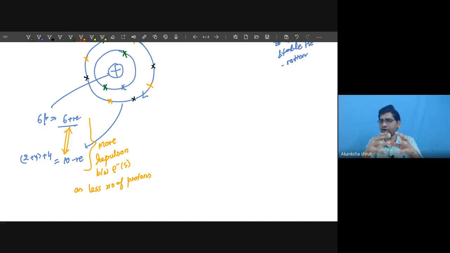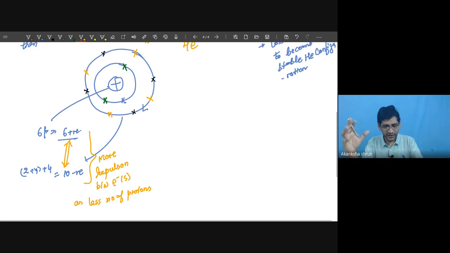But if there is only one extra negative charge, then the positive charge of the nucleus is able to hold it by attracting it, like it is happening in oxygen, where it can accommodate or hold two extra electrons, because at that time the disturbance of positive and negative charge is not that much.